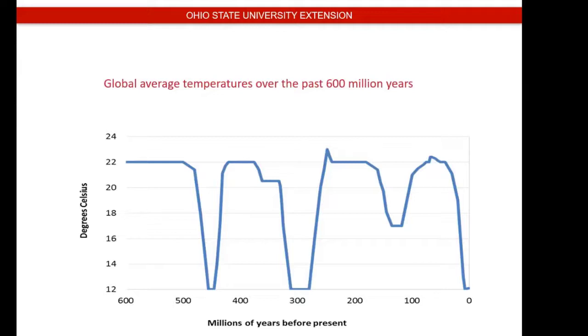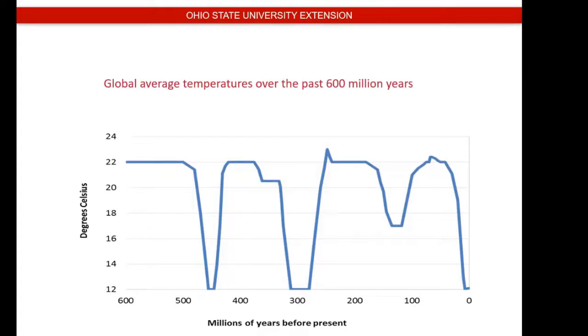Typically, the Earth kind of bounces back and forth between a hot house and a cool house. And that's because of the configuration of continents with continental drift.